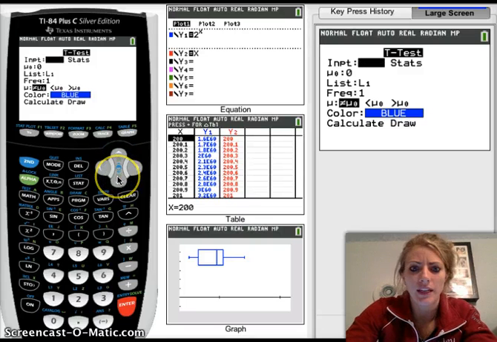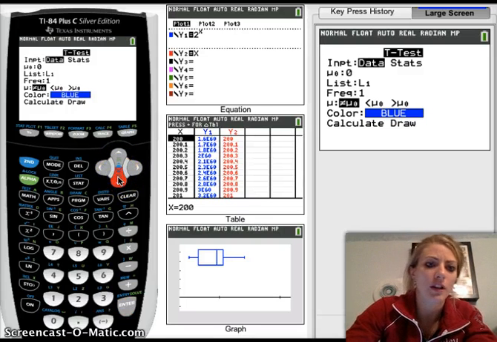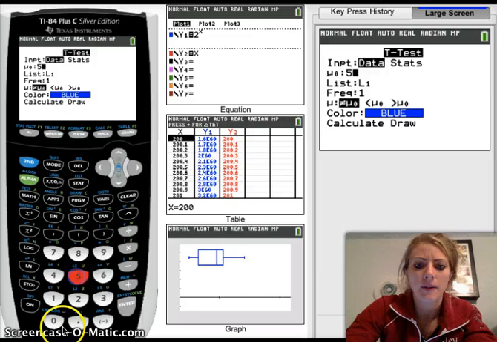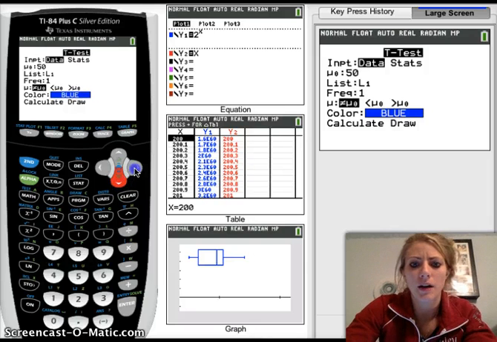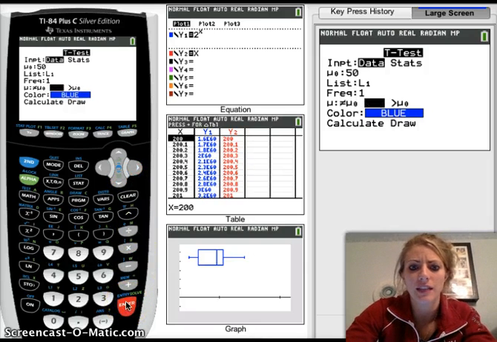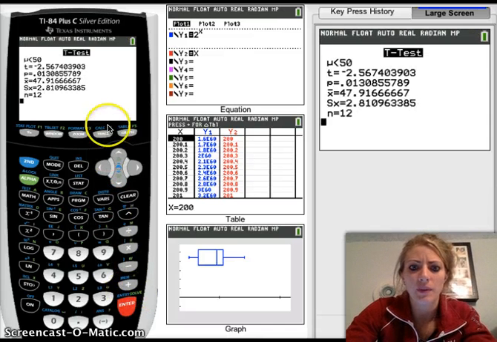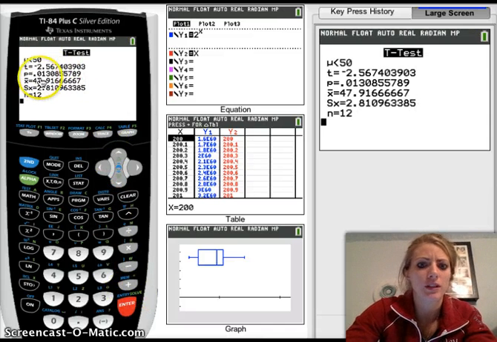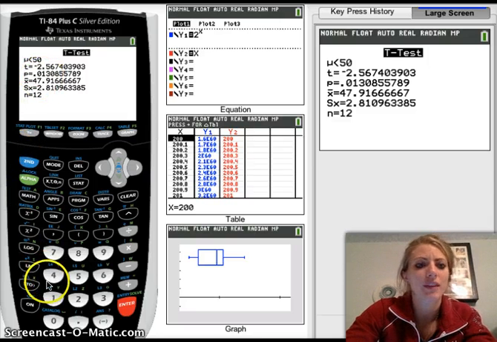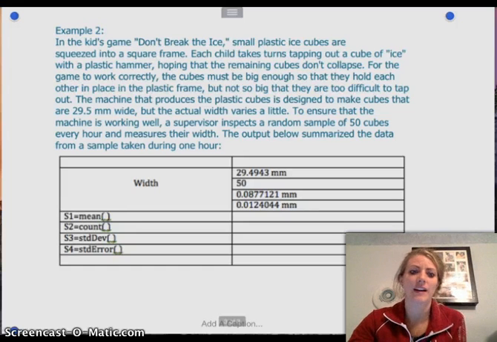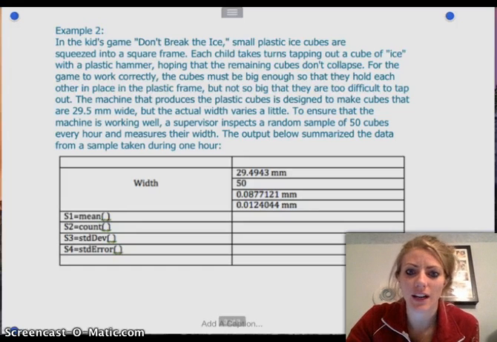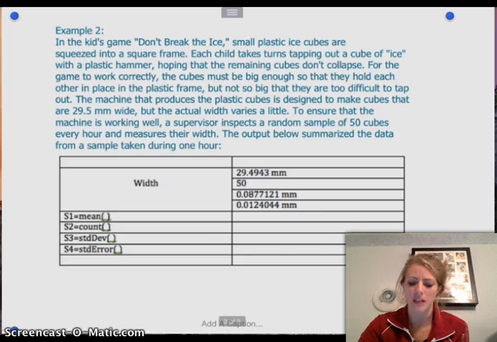And we put everything in list 1, and we want our null hypothesis to be 50. So we enter that, enter list 1, and then we want our mu to be less than 50, and we calculate, and we get our p-value 0.013. So that's cool.